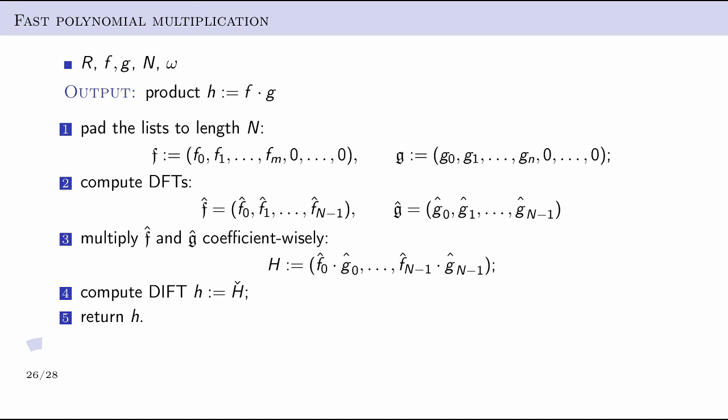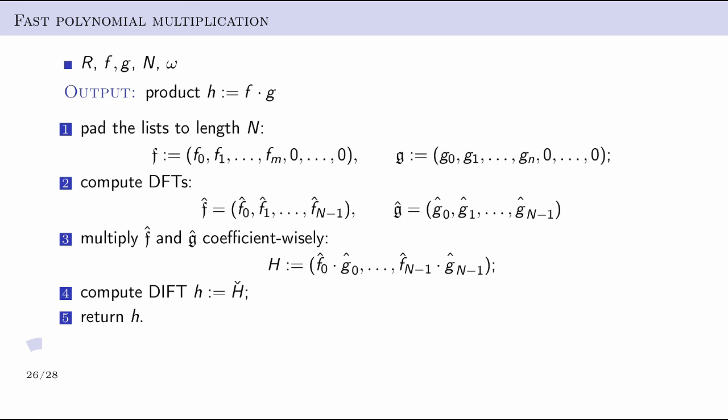So all in all, to recover the product, we just compute the discrete inverse Fourier transform of H hat, and we denote it lowercase h, and this is the result of the polynomial multiplication.